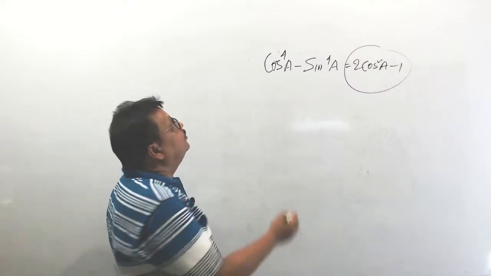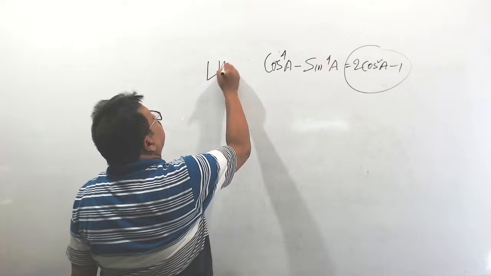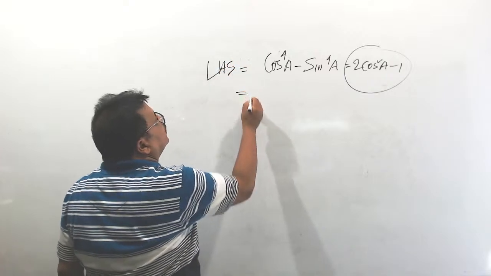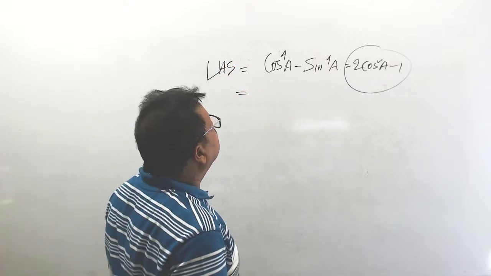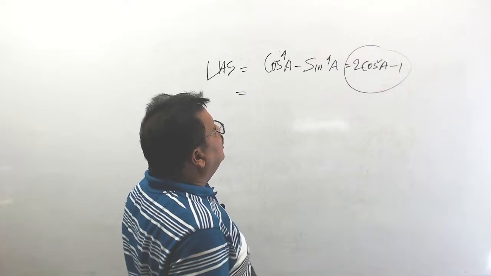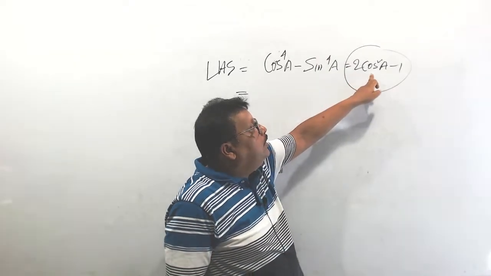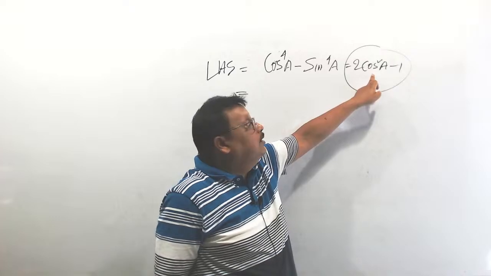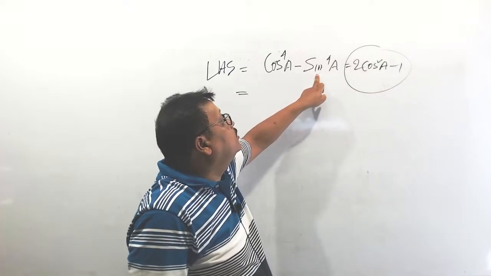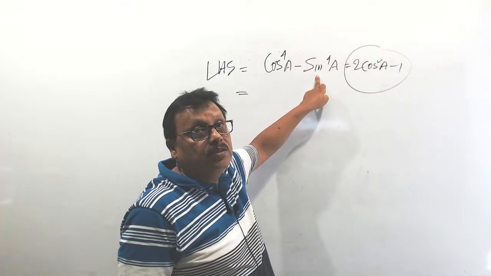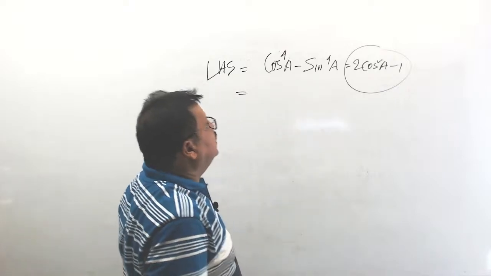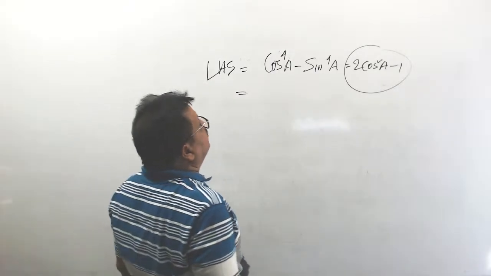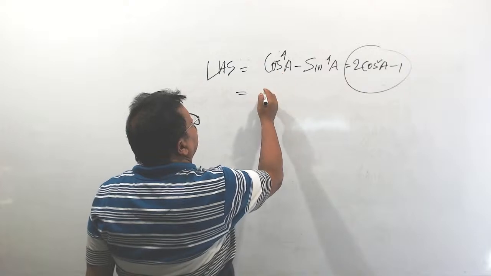How will you prove? Come to the problem. Left hand side. What to do? You have to bring in terms of cos square. Cos, but here is sine. So you have to avoid sine. Now, here, can you write this?